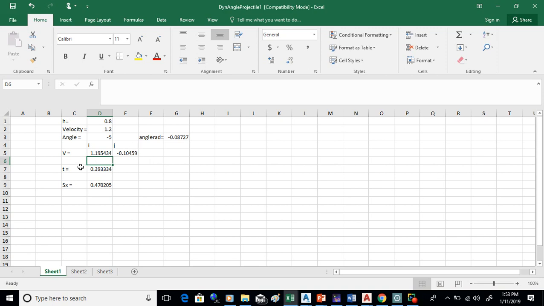Then I take my y velocity and plug it into that s equals s0 plus v0t plus 1/2 a t squared formula. And I solve it for time using the quadratic equation, and that will get me the time. In this case, it would take using a 5-degree angle for that block to hit. Then I take that time and just multiply it by the x velocity, and I get the distance out.